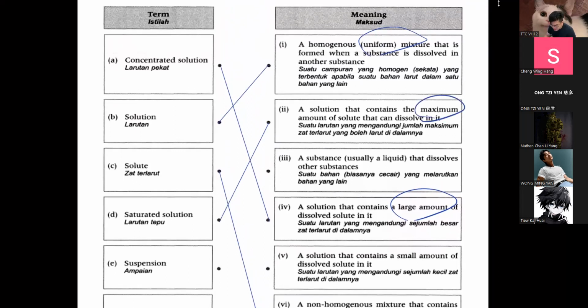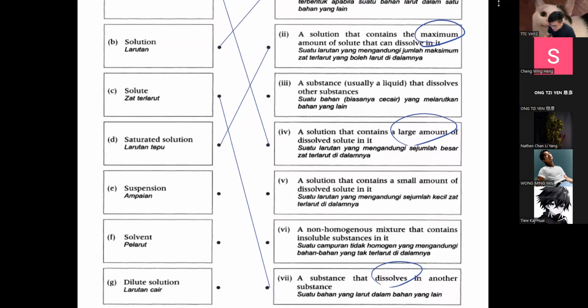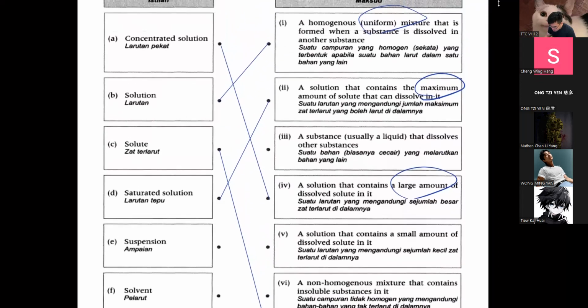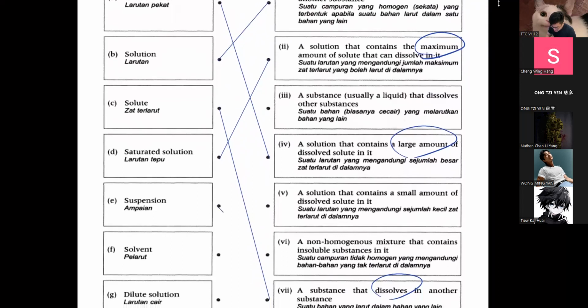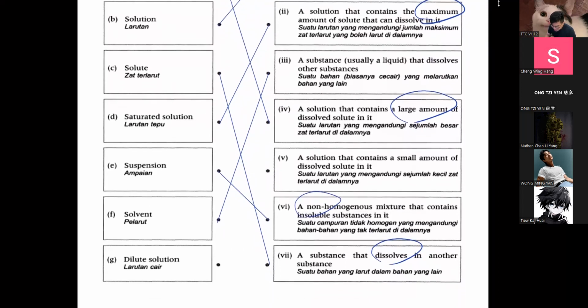I cannot dissolve anything anymore. Suspension is when you have a non-homogeneous mixture, not uniform. Solvent is a substance that dissolves other substances. Dilute is when I have a small amount.